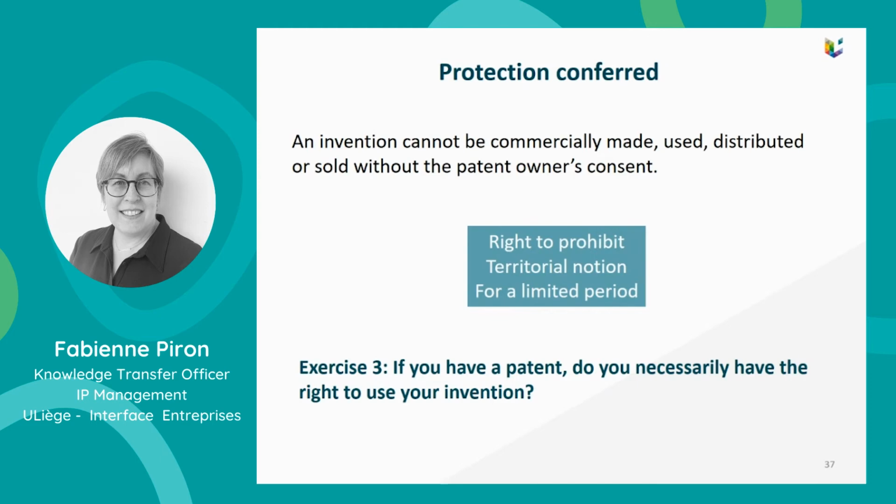But if this technology is already protected, or part of it is protected, or perhaps if he needs another technology to use its own technology in good condition, then he won't have the right to use its own technology. So please keep in mind that a patent is a right to prohibit the others to use the technology without the consent of the owner. Is it right for you?